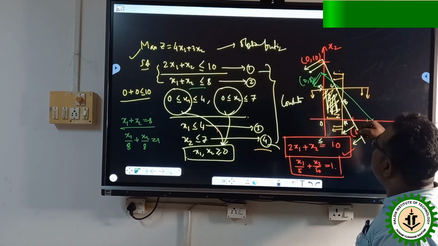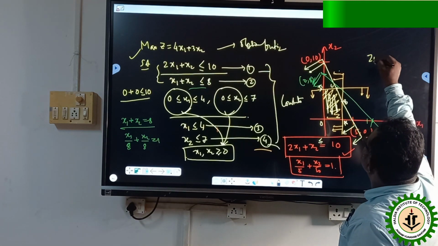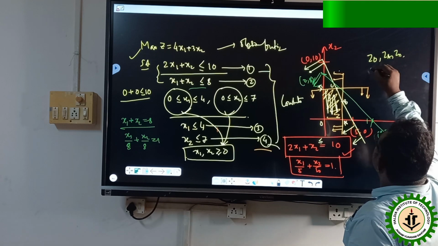You have to solve this, and after that you will find Z at O, A, B and so on.